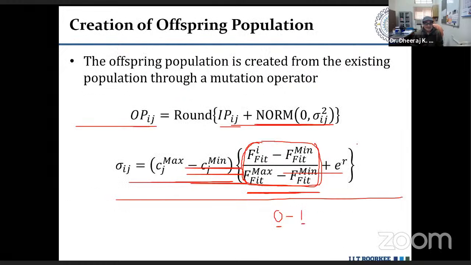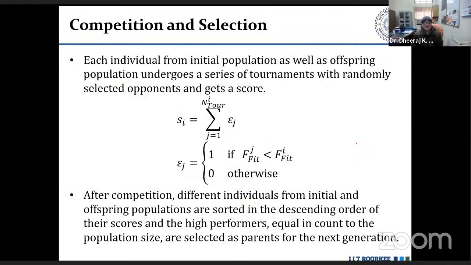So now we have parent population and offspring population. Now they will play a series of tournaments. And the opponent is also not prefixed, it is selected randomly.